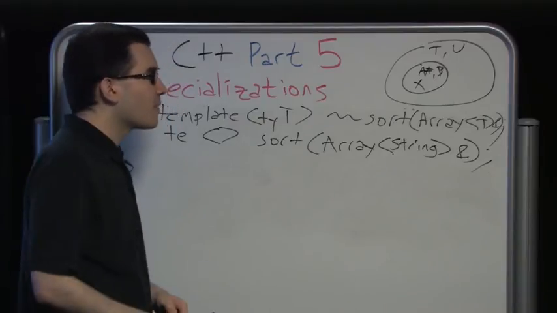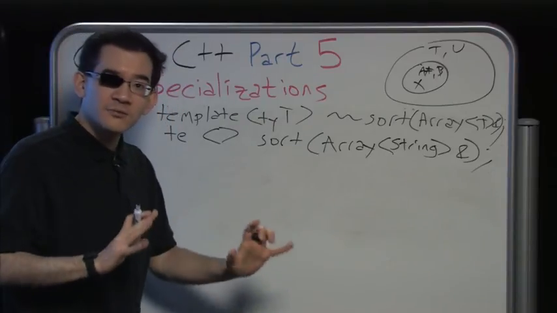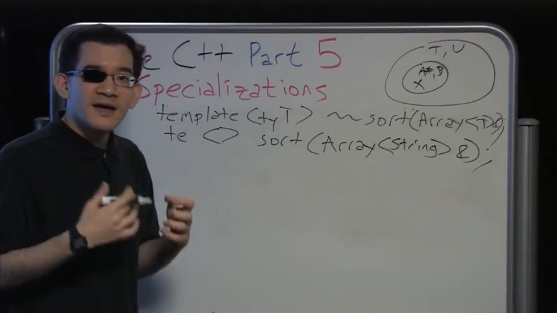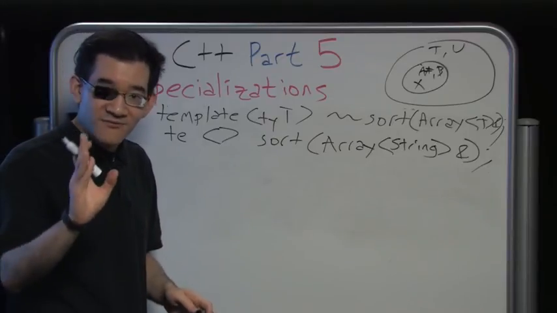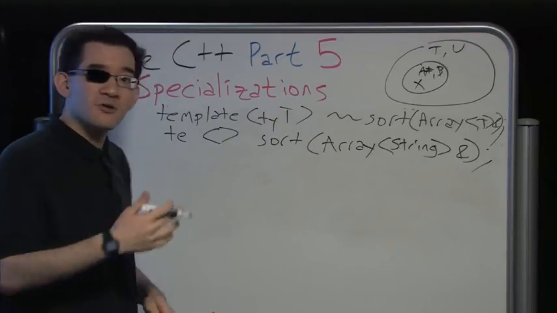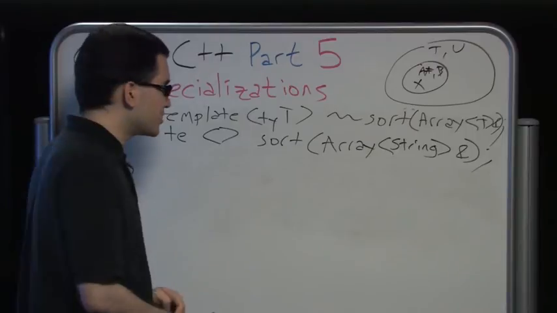So declare, declare, declare, and then once all the declarations have been seen by the compiler, then it is safe, and it follows this limerick rule, to then go define things in any order because the declarations have been seen.